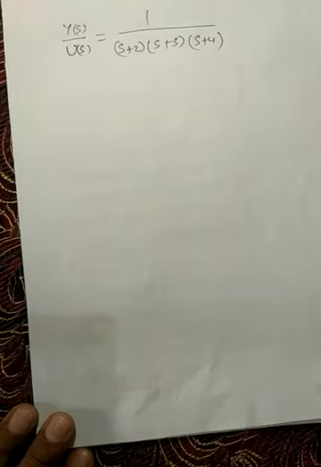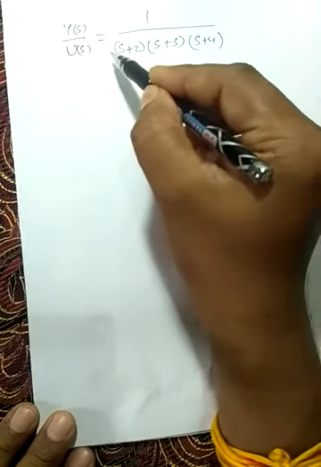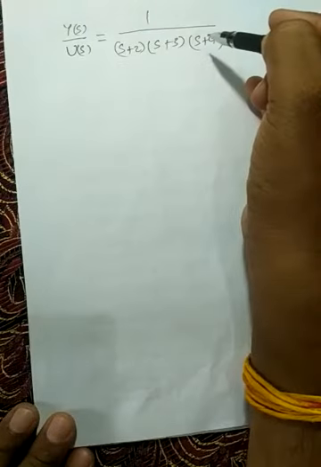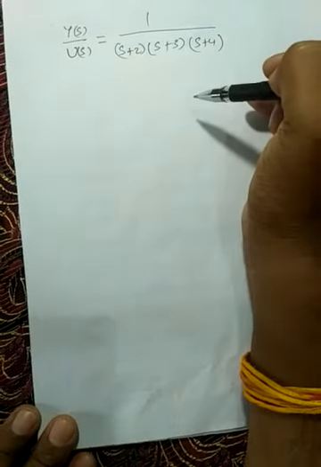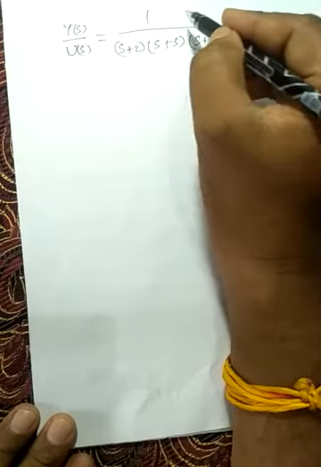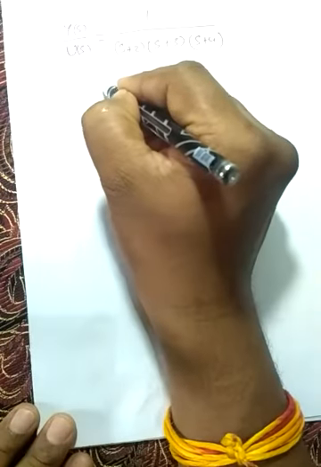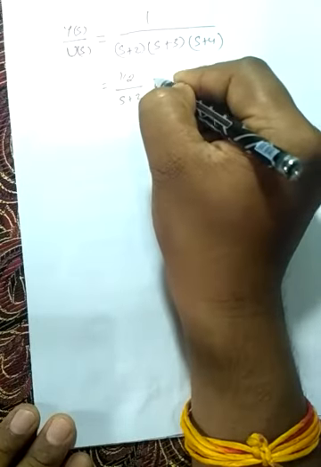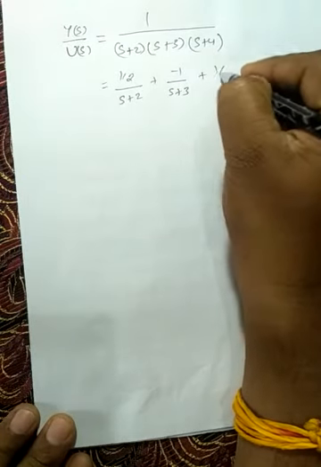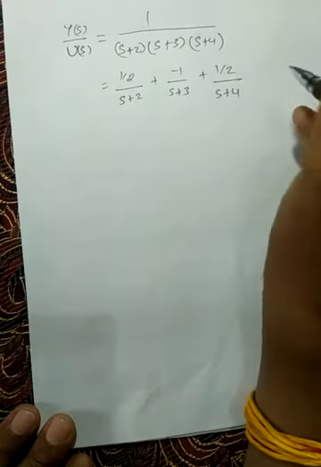So we have options. Either we can multiply these three terms and find a transfer function of order 3, or by using partial fraction we can write this as (1/2)/(s+2) plus (-1)/(s+3) plus (1/2)/(s+4).